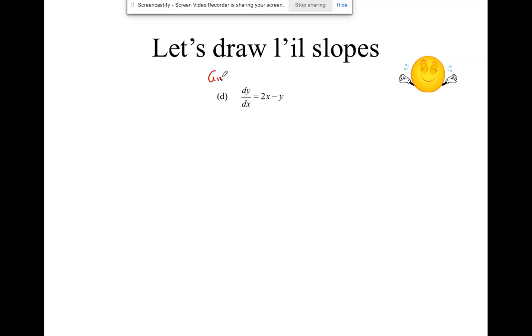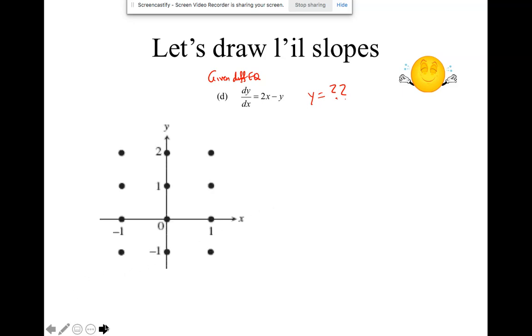Given the differential equation, you do not know what y equals. You do not have the technique to solve and get y by itself, to get rid of the derivative. You don't know what y is equal to. So can you get a picture of the solution?